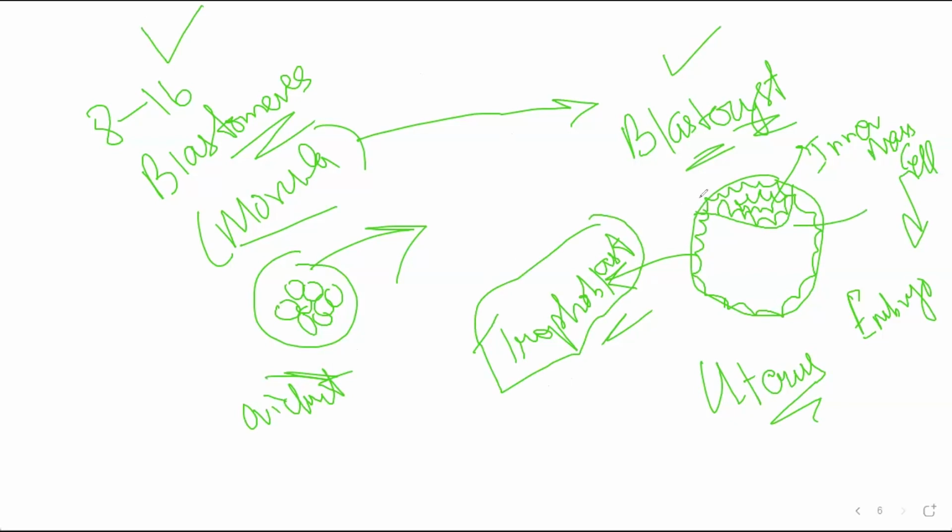The rest of the cells, located on one pole, are called the inner cell mass, which actually becomes the embryo. And this is the cavity region. So the blastocyst is present in the uterus, and the morula is located in the oviduct. I think till here the things are clear.